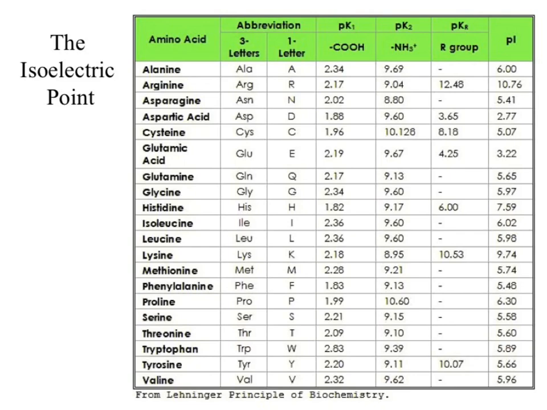Next one down, what did we average? R group and pKa1. 3.2, R group, pKa1. 7.59, R group, pKa2.